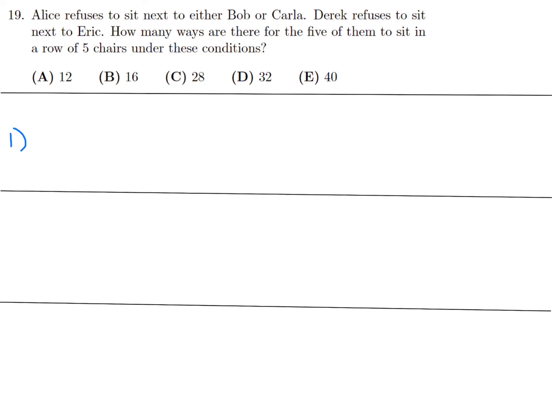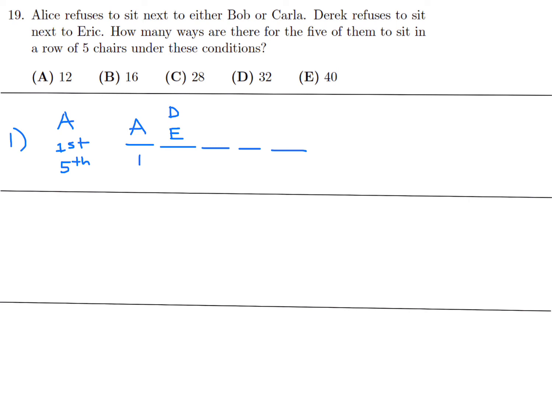Okay, so let's say we have Alice. She's in either the first or fifth spot in the row of chairs. So she's here or here. If that's the case, then Eric and Derek have to be next to her because she can't sit next to Bob or Carla.